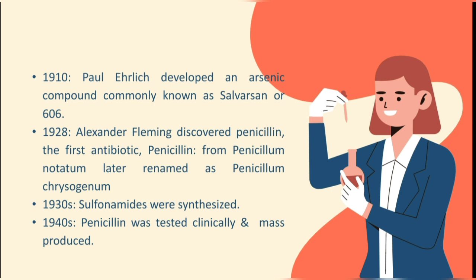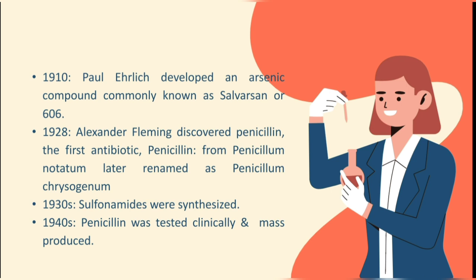As a medical student, Ehrlich speculated about a magic bullet that could hunt down and destroy a pathogen without harming the infected host. And in the year 1928, the first antibiotic was discovered by accident.